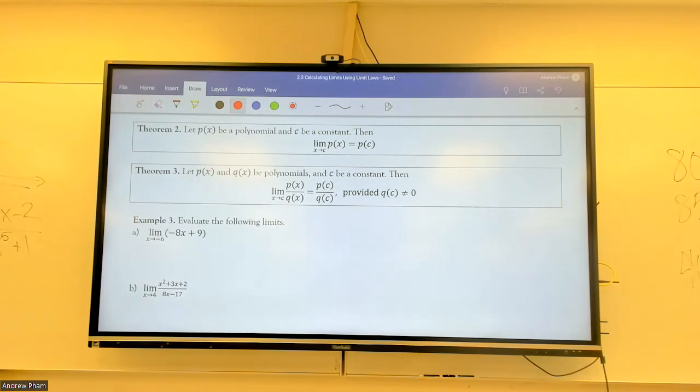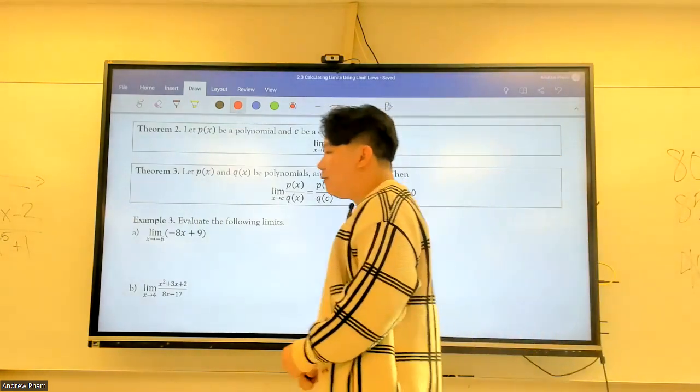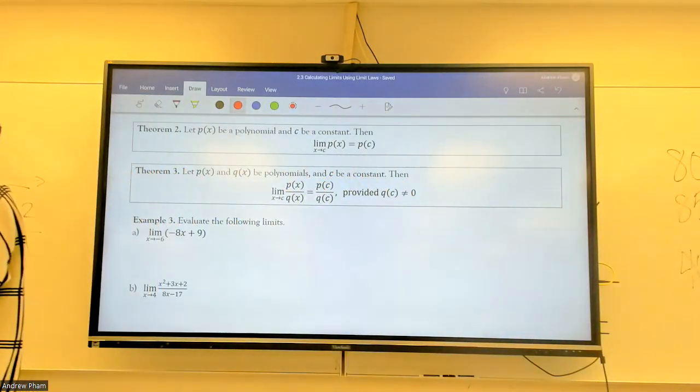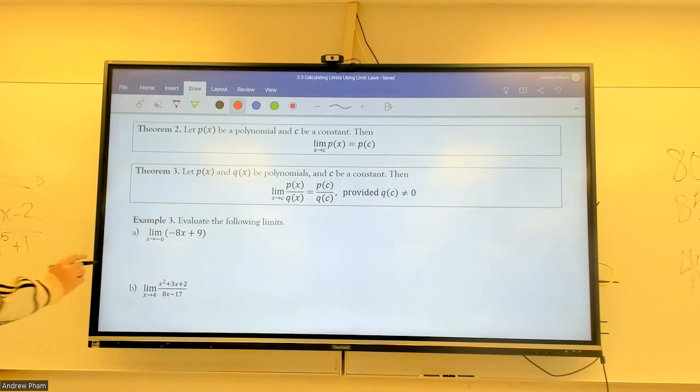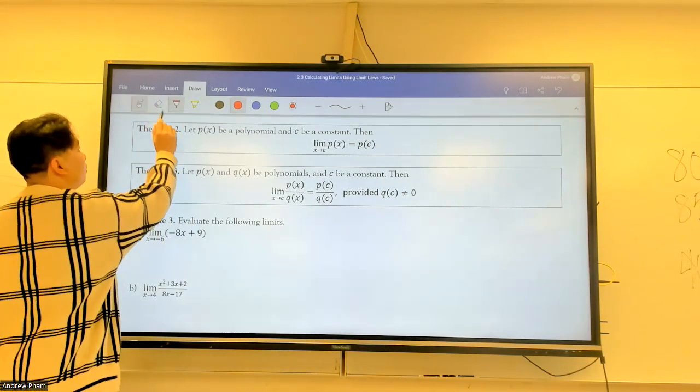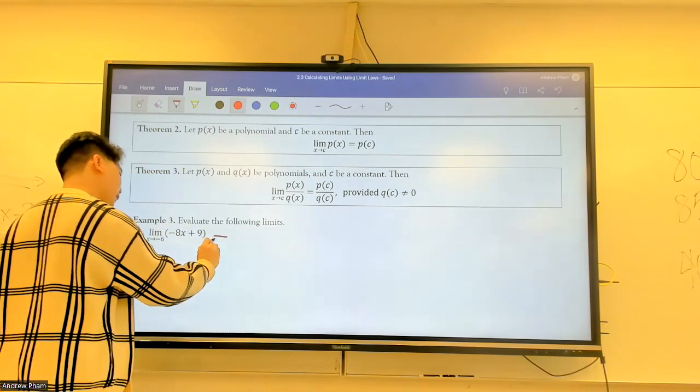So as I said, you can probably guess what I'm about to do there. What do I need to do for part A? How do I figure out and evaluate this limit? Yeah, we're going to plug in -6 and make sure that we get a quote unquote nice value.